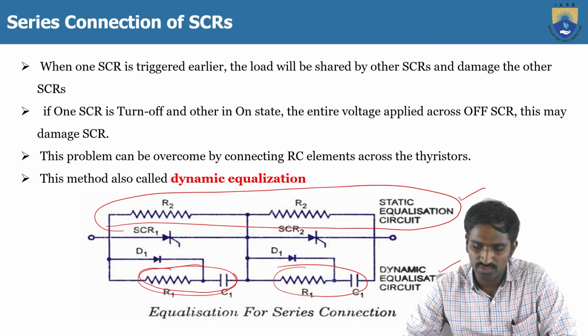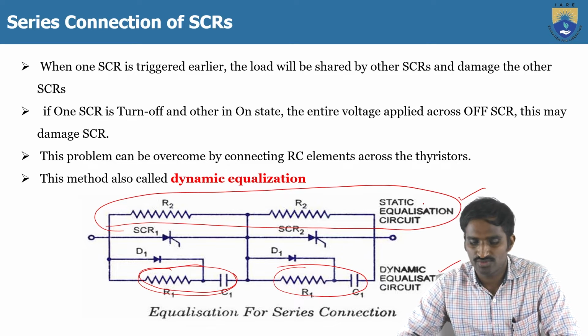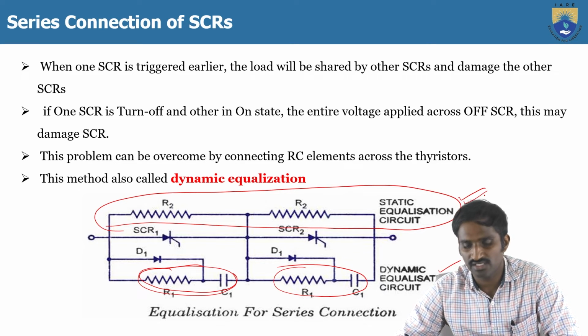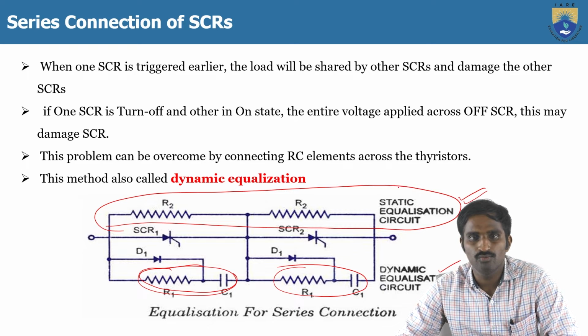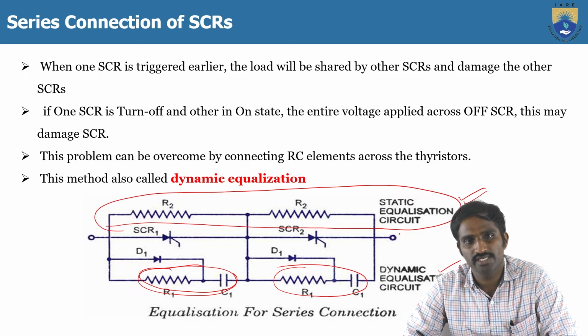Because, as we discussed, even though the SCRs have the same rating, they have different characteristics. One is associated with the VI characteristics and another with the switching characteristics. We already know the VI characteristics are also called the static characteristics, and the switching characteristics are also called the dynamic characteristics.